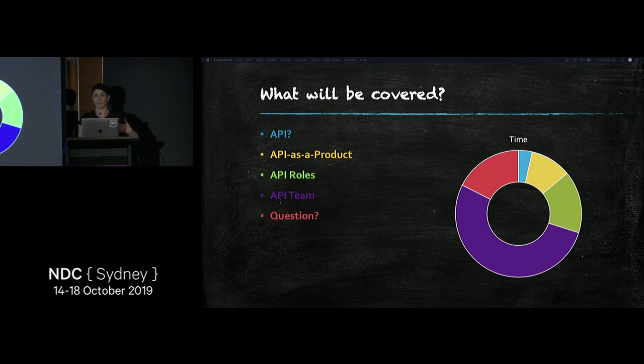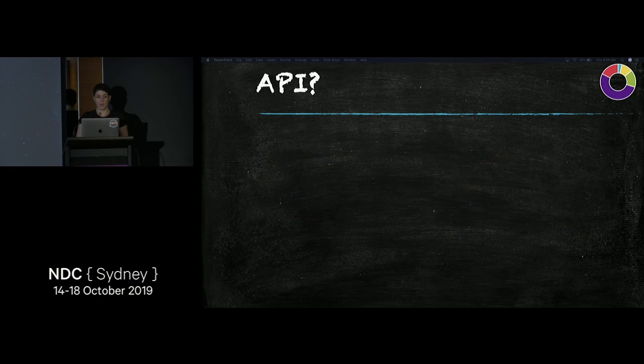Last but not least, we're going to talk about the API team: now that we've reviewed everything, how do we put things together as a team? Then questions, if there is time.